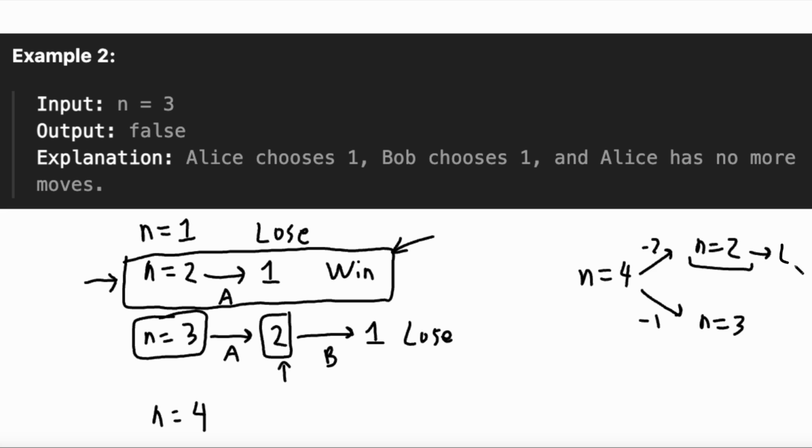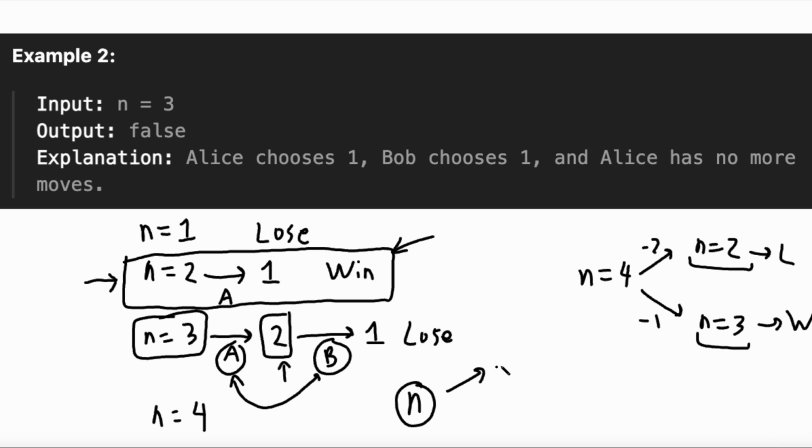So this will result in a lose for her. But what about n is equal to 3? Well, when n is equal to 3, that means that she forces Bob to pick 3. And we simply alternate A and B. Therefore, Alice must win. So we see here that every single nth number is dependent on the opposite outcome for n minus 1, and the opposite outcome for n minus 2. And that's how we recursively build on top of the solution to get our final result.